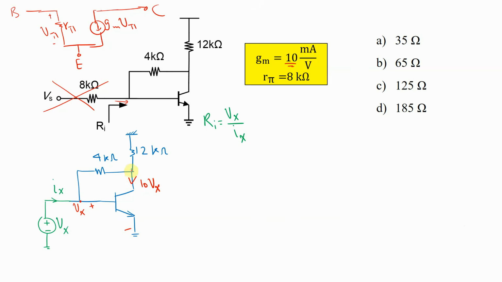Now I'm going to use, for example, node Y. Let's call this Y, and use the KCL relationships at node Y, where the voltage is Vy. We have to find the relationship between Vy and the other parameters, Vx or Ix.